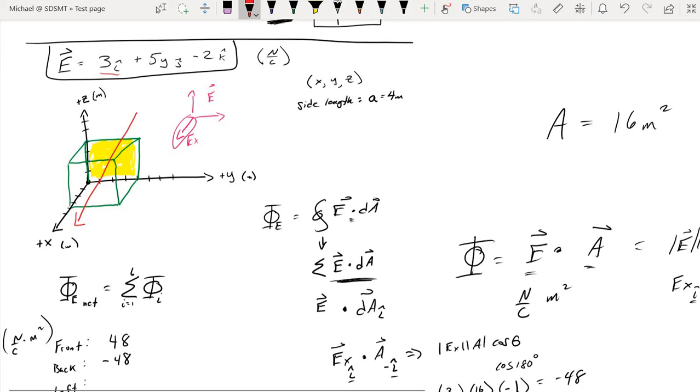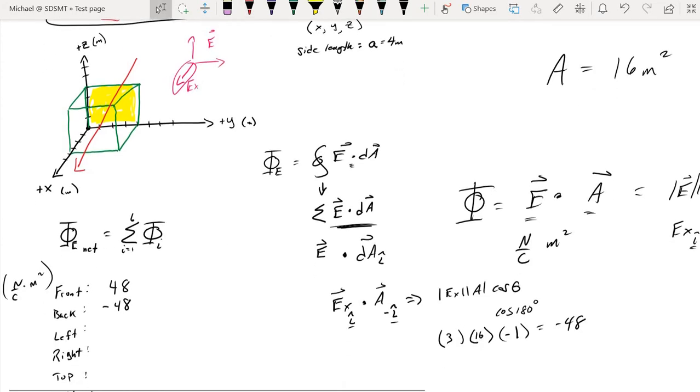In other words, what comes into the cube just goes right back out in terms of the x direction. And so we get a net flux of 0 because of that.